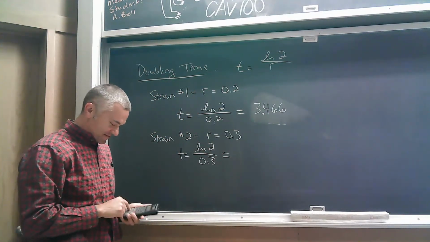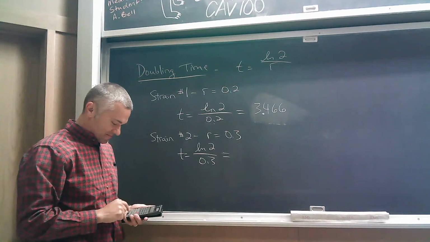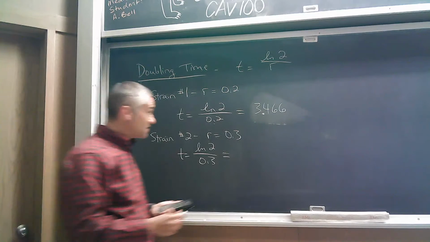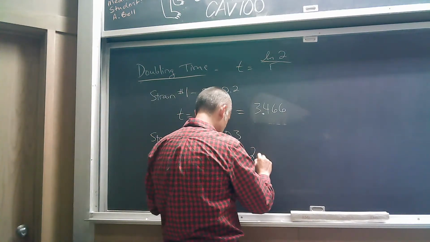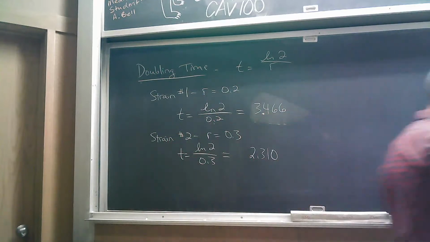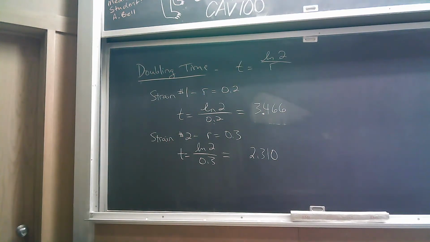All right. Yeah, I missed the decimal. So I calculated 2.310. All right. So it's not hard. Natural log of 2 over r, it only depends on whatever that value of r is.